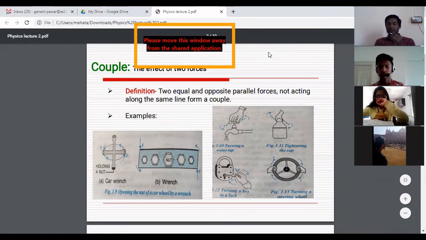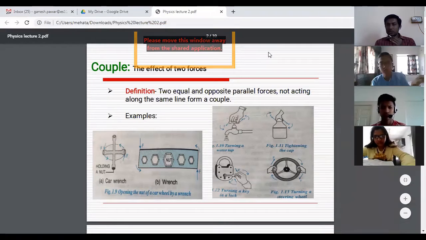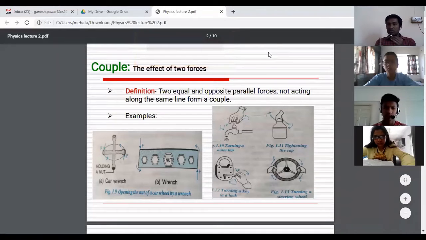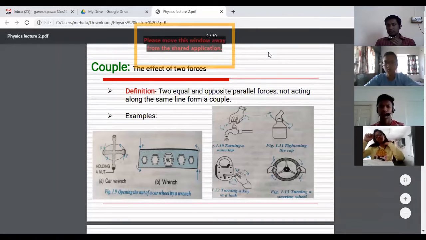Now, one other difference is that when you calculate the moment of force, if you change the axis of rotation, the value of the moment of force will change.